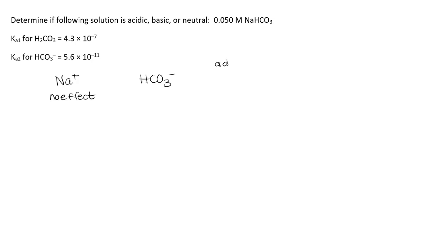If I add an H+ to that chemical formula, I get H2CO3. If I remove an H+ from that formula, I end up with CO3 2-. That tells me that bicarbonate, HCO3-, is amphiprotic.